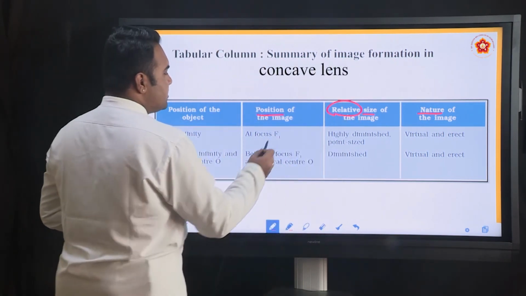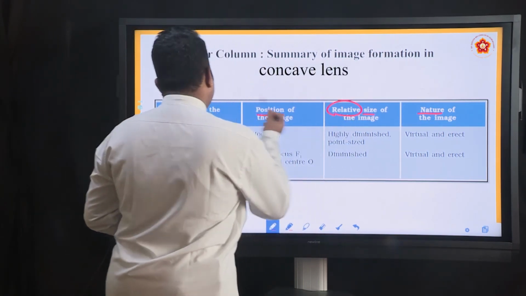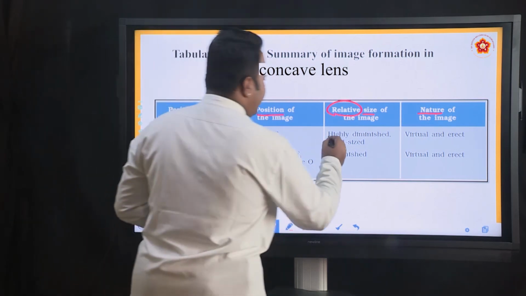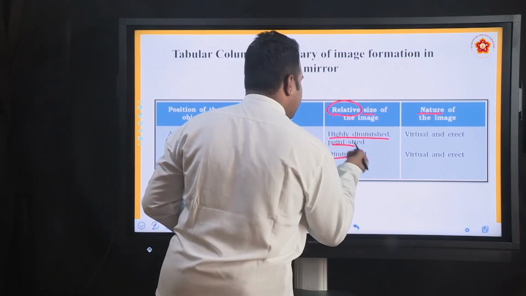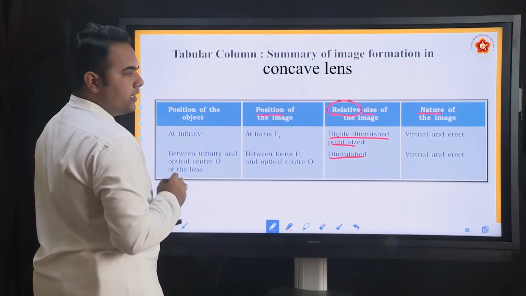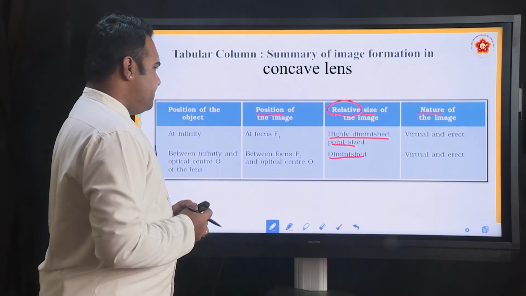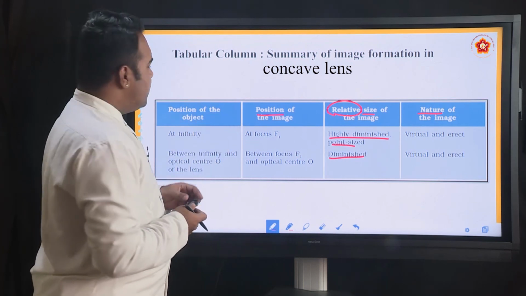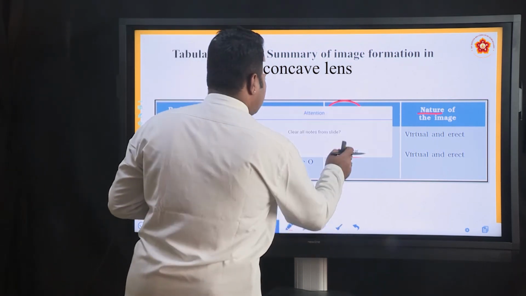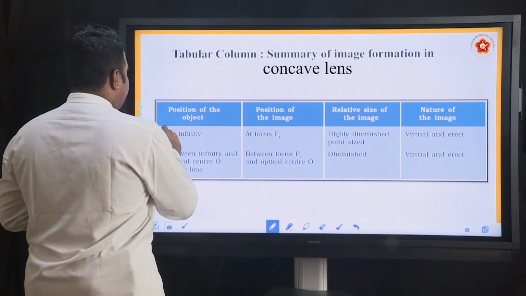Why? Because the size of the image is always relative to that of the object. When we say highly diminished or diminished, it is with respect to the object, or in earlier cases we saw enlarged or highly enlarged, it is with respect to the object. So therefore, when the object is placed, there are only two cases.